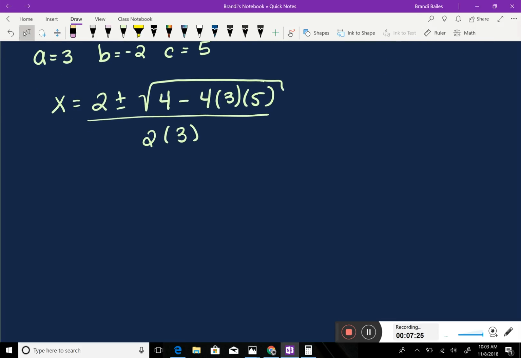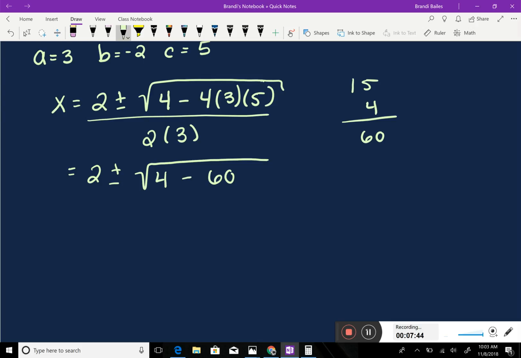Now we just need to start simplifying it. We've got a 4 minus 4 times 3 times 5. So 3 times 5 is 15, and 15 times 4 is 60. Minus 60 all over 6.